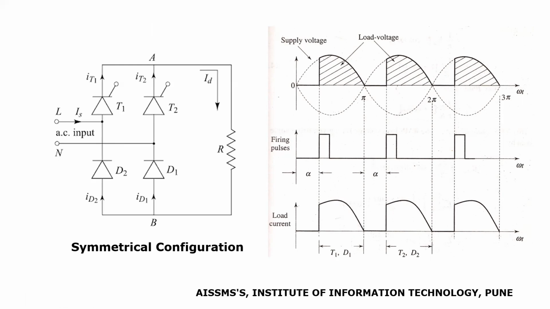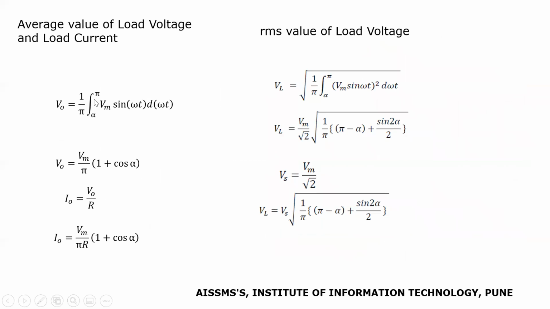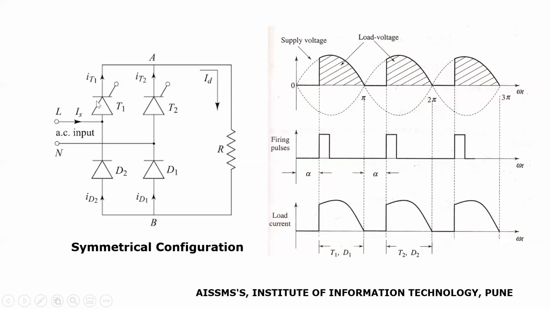Now let us study how this converter is converting AC voltage or AC supply into a DC output supply. Now let us consider that at omega t equal to 0, a positive half cycle of the input source will get connected to the rectifier.